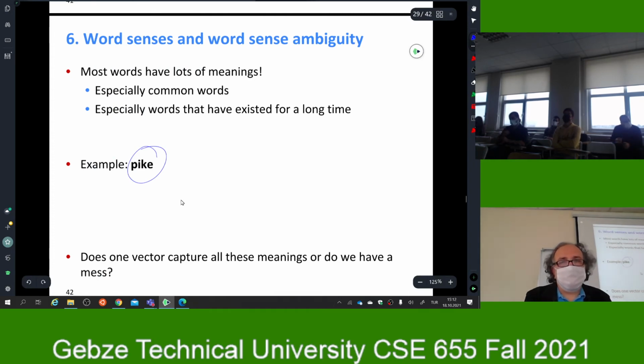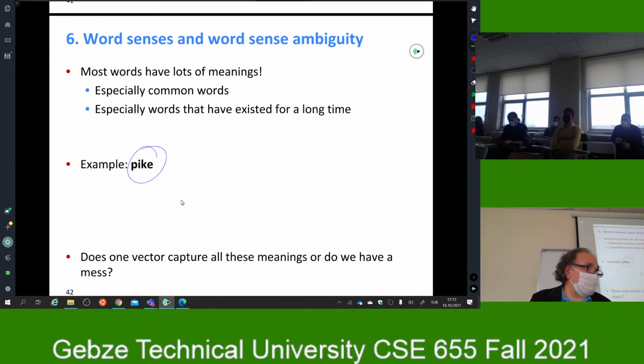So the thing is this: how should I know which meaning I am using in this sentence? By the way, either word2vec or GloVe or the method I am telling you will assign the same vector to this word pike, whatever the meaning is.